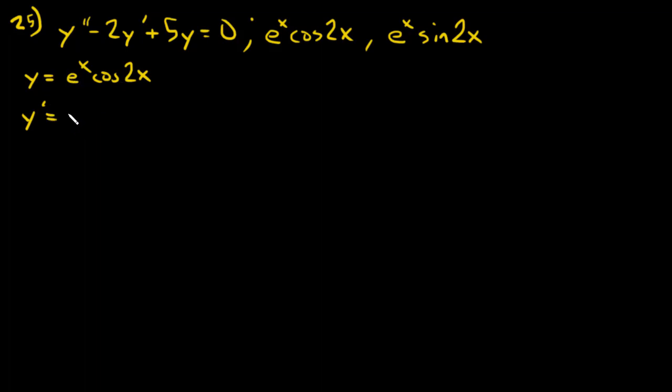I'm doing it all at once, I don't want to do it step by step. So negative 2e to the x sine 2x, plus the second times the derivative of the first, which is just e to the x cosine 2x.